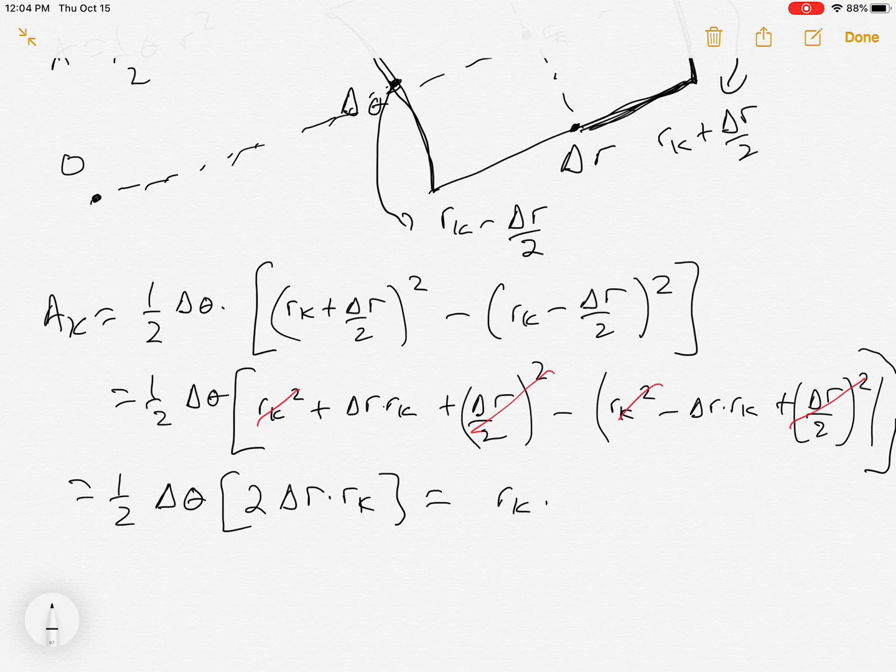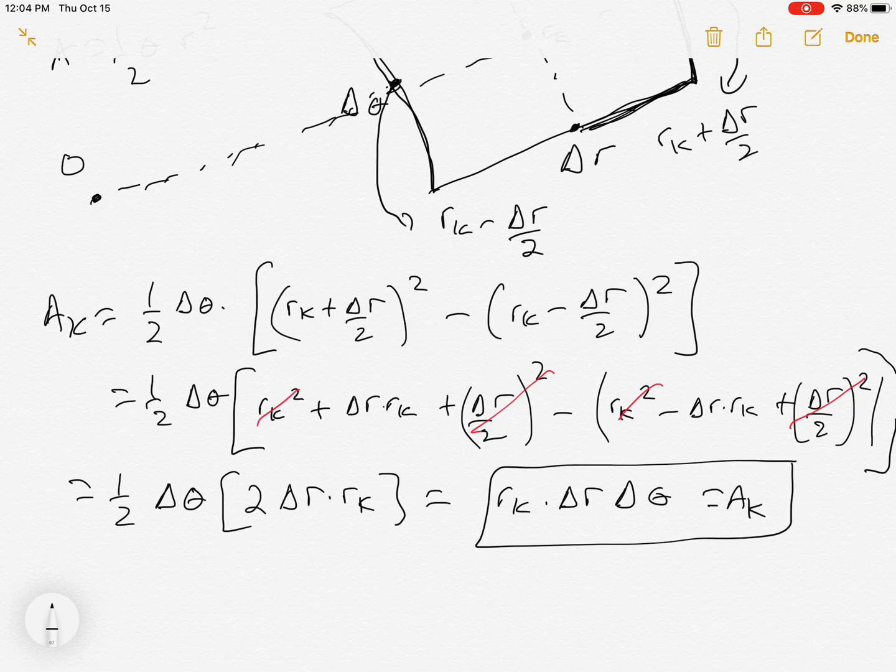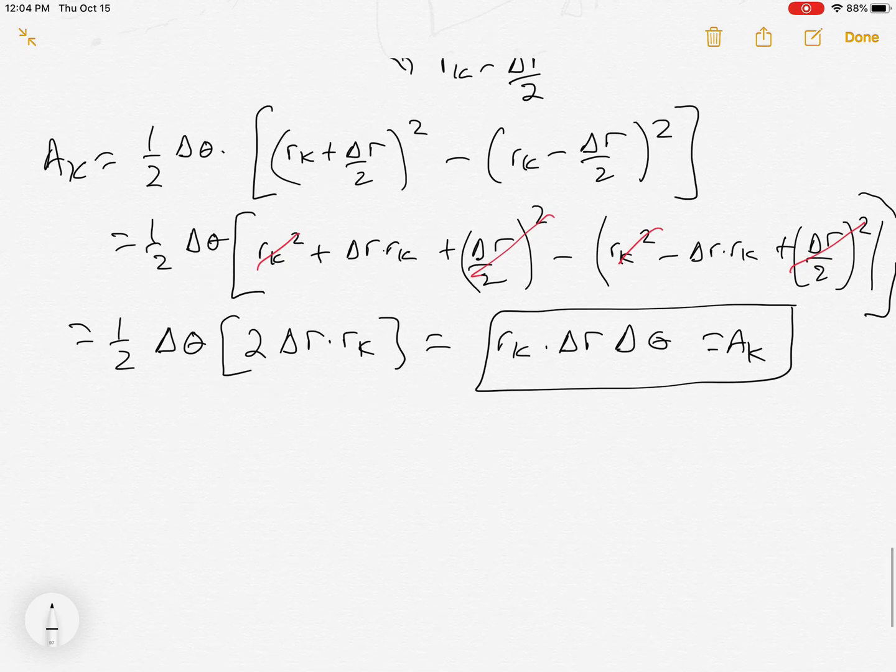We get r sub k times delta r delta theta. And so this is a sub k, the area of one of these fundamental regions in our Riemann sum. Now we set up the sum from k equals 1 to n, and let's assume there's a function.